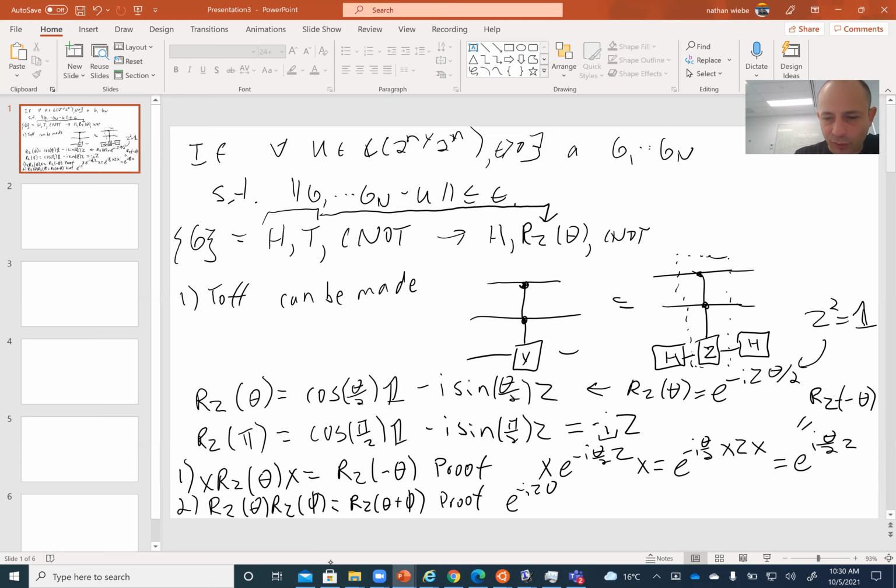the Baker-Campbell-Hausdorff formula. So this is e to the negative i Z theta over 2, e to the negative i Z phi over 2, which is equal to, from the Baker-Campbell-Hausdorff formula, e to the negative i Z over 2 theta plus phi, minus the commutator between Z and Z, theta phi over 4 times 2 factorial, plus so on and so forth.